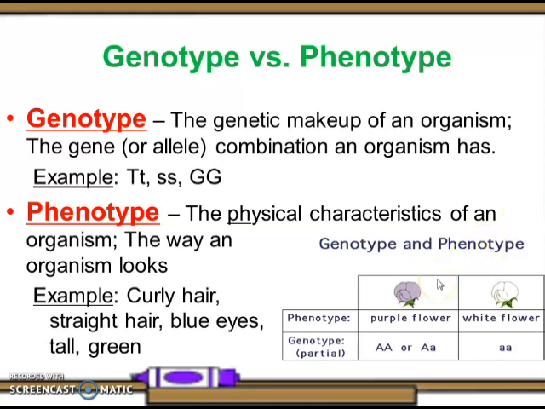In this example, it shows the genotype and the phenotype. Big A, big A, or big A, small a, or small a, small a, are all examples of genotype. Purple flower and white flower are examples of phenotype.